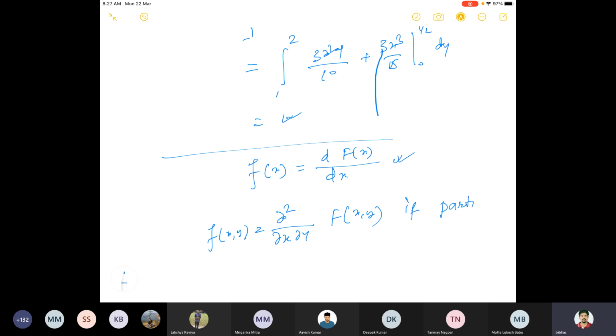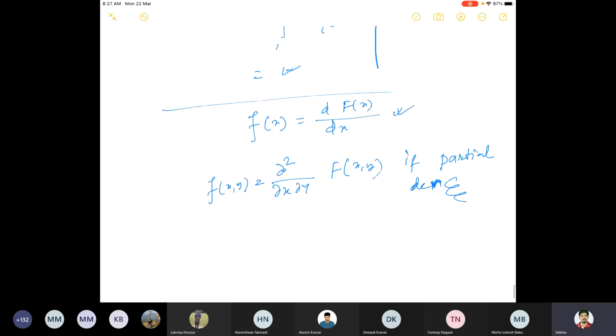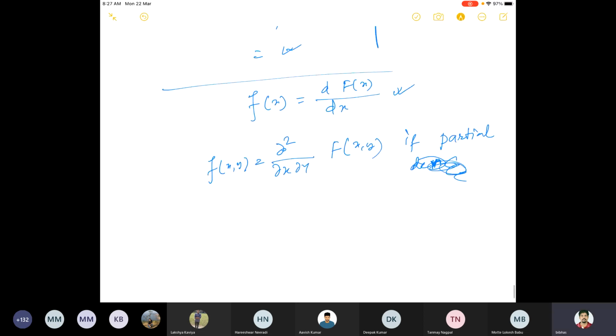So if the partial derivatives exist, then we can similarly find the PDF from the cumulative distribution function.